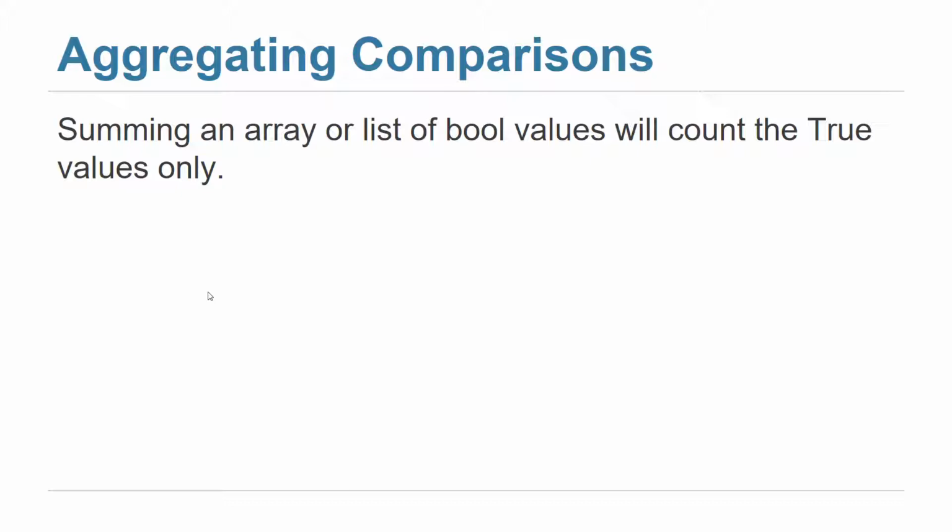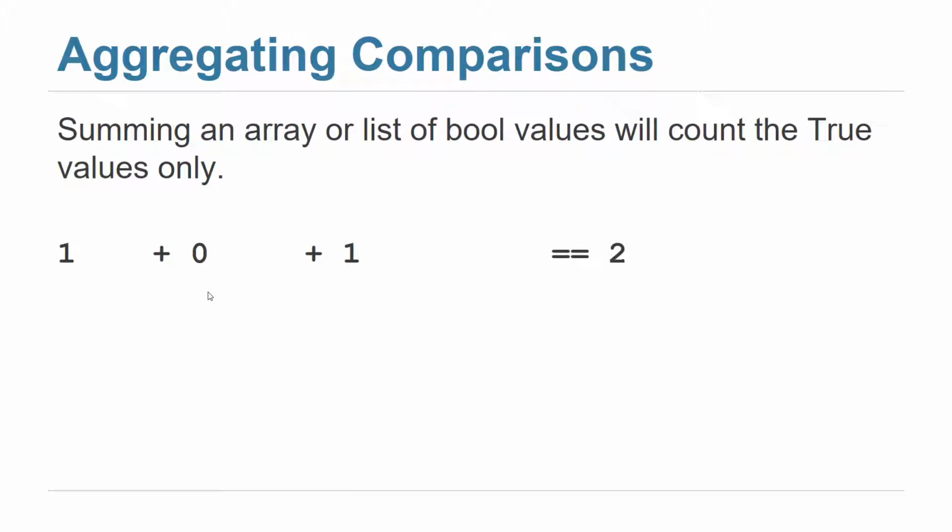It means that if I have an array of Boolean values, an array of true and false, we can sum them. Okay, and summing, I think we saw something like that before. When we sum this array, the true has actually a value of 1 and false has a value of 0. So if we sum, then we'll get the number of true values in the array.